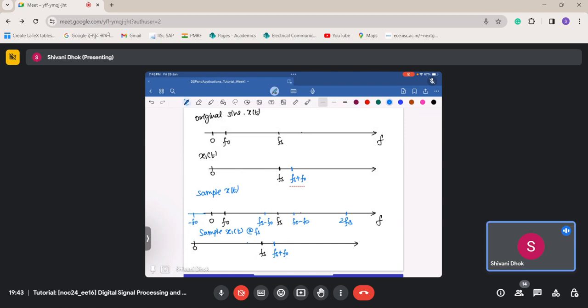Then I'll have one replica here, one replica here, and a replica here also. So now this thing and this thing are exactly the same. So now there will be an ambiguity. In order to remove that ambiguity, we should wisely choose the sampling rate.